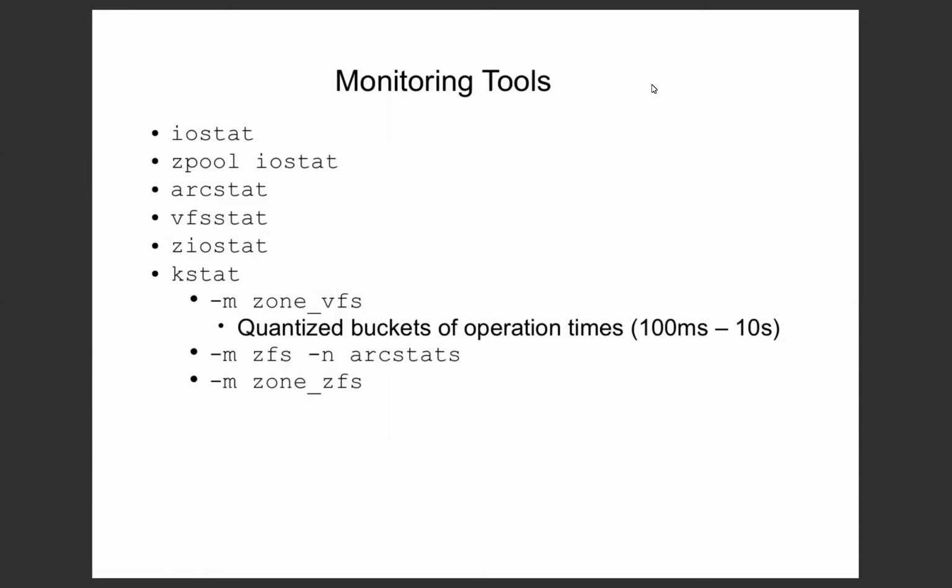So it's the reads that tend to induce latency on applications. You could use ziostat to try to understand whether the application in this zone is hitting read latency problems and things like that. So ziostat, again, is a Joyent specific thing that's using some of the stuff that we've added into the system.